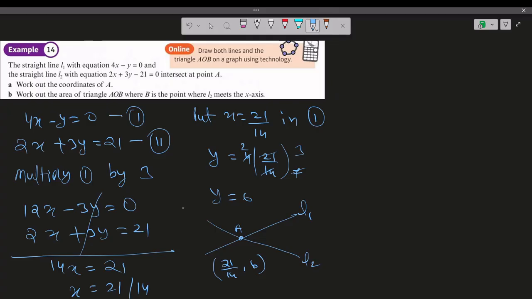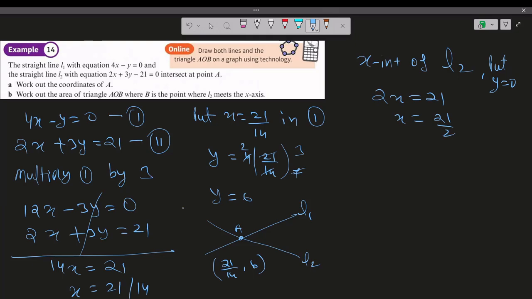I have to find point B, and B is the point where L2 meets the x-axis. So we have to find the x-intercept of line L2. To find the x-intercept, what we do is put y as 0. In L2, if I put y equals 0, it will be nothing but 2x equals 21, x equals 21 by 2.